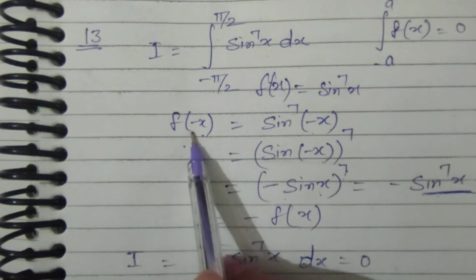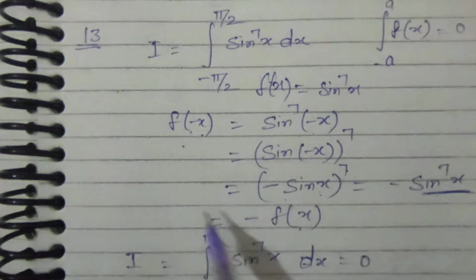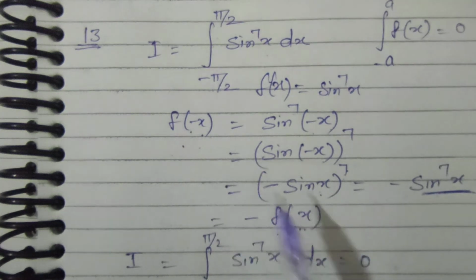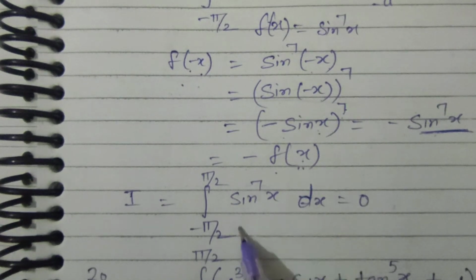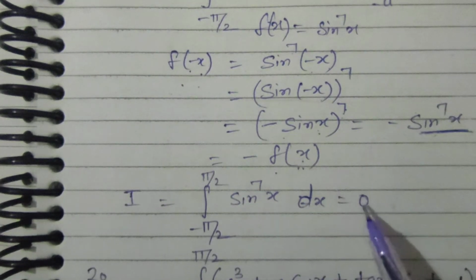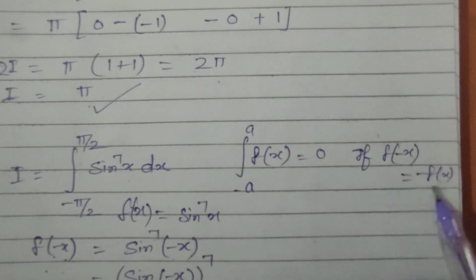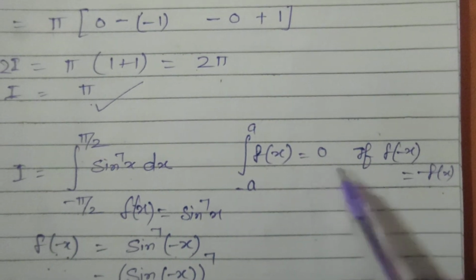So if f(-x) is equal to minus f(x), then it is odd function. अगर f of minus x, minus f(x) के इक्वल आ जाता है तो इसको क्या बोलते हैं, odd function. If it is odd, then integration of sin raised to power 7x with limit minus pi by 2 to pi by 2 is 0, because we know that if it is odd function, then integration of this is equal to 0 according to the last property.